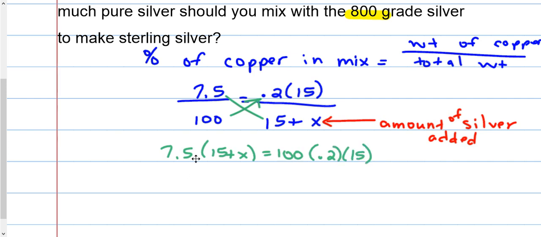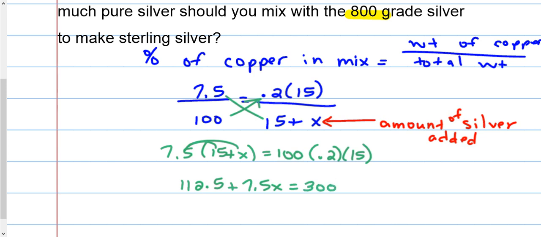So multiplying that out, 7.5 times 15 is going to give me 112.5 plus 7.5 times x is just 7.5x equals, multiplying all three of these together, 100 times 0.2 times 15 is going to give me 300.